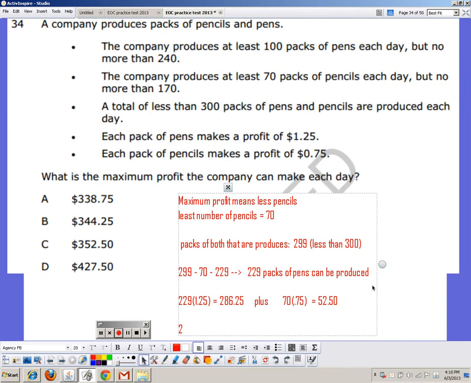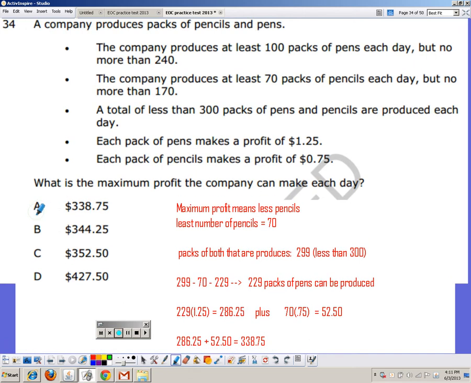So we have 286.25 plus 52.50, which equals $338.75, which is answer A.